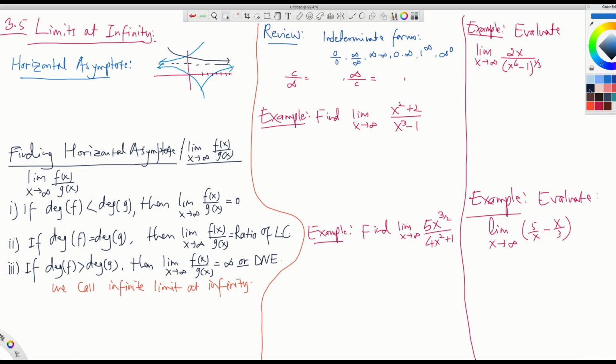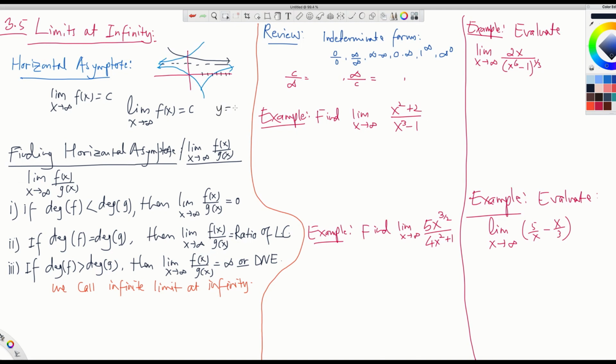So what does that mean? It means that if the limit as x tends to infinity or negative infinity of f of x equals a number c, then y equals c is the horizontal asymptote.